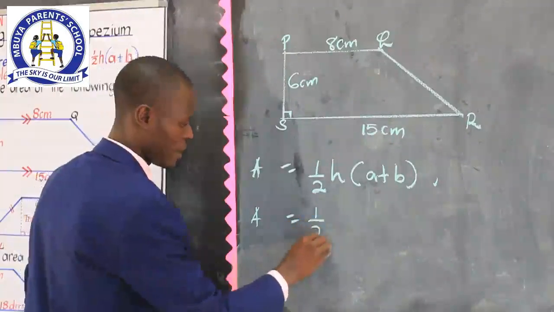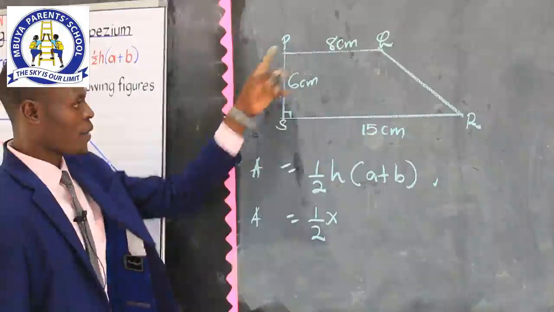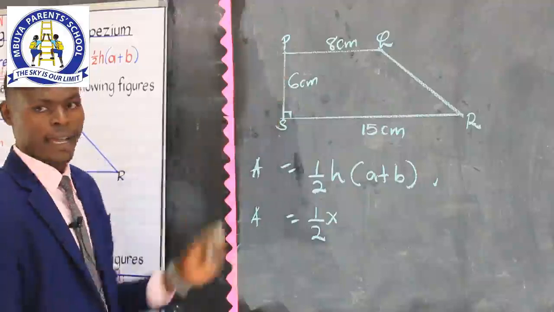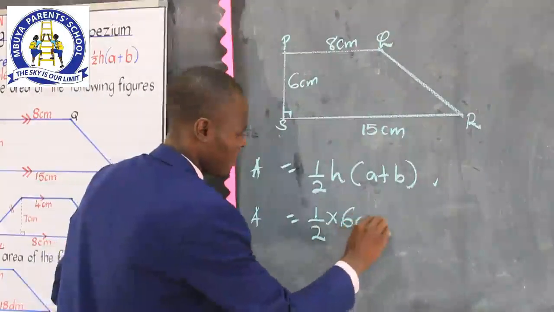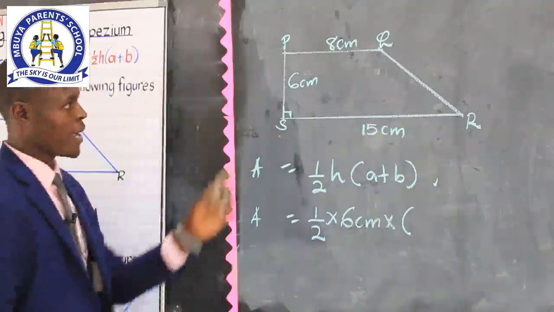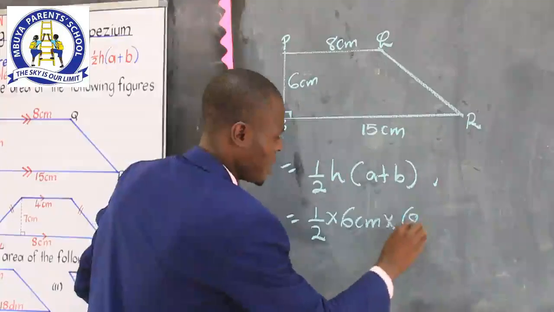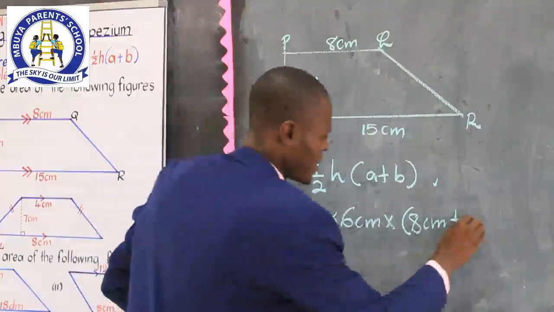Let's do it together. A half times the value of our height. Class, our height is standing at perpendicular, and that is 6 centimeters. Hope you're with me. Into our A, which is 8 centimeters, plus our B, which is 15 centimeters.